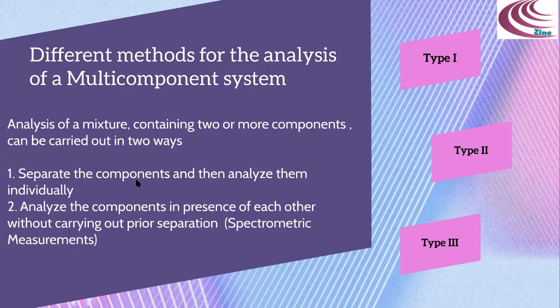For the simultaneous determination of several components, all these components are required to be available in pure form. Similarly, the lambda max values of the pure components and their specific absorbance values at lambda max are required to be known.